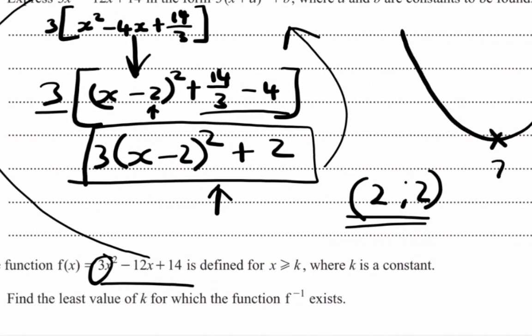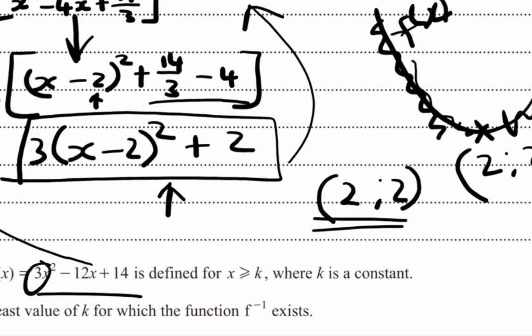So sketching it to be like this. So for this, which we are assuming to be our f of x, to have an inverse, it should not have a turning point, right? So it should either be just this one part or this one part, right?